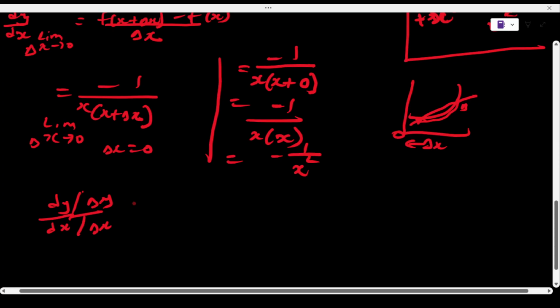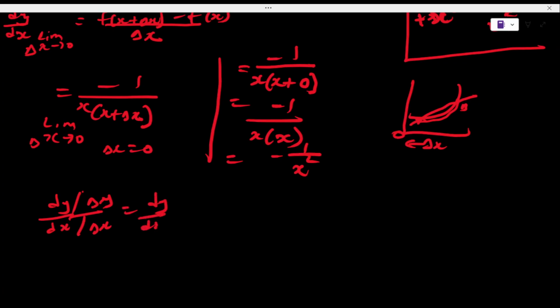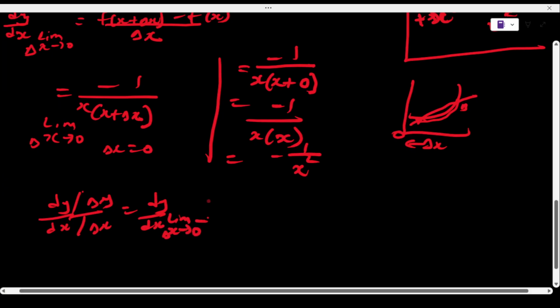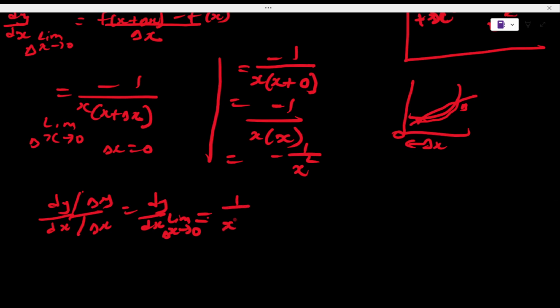But I like writing it like this, dy dx, where the limit is change in x approaching 0, which is equal to minus 1 over x squared. So this is the answer.